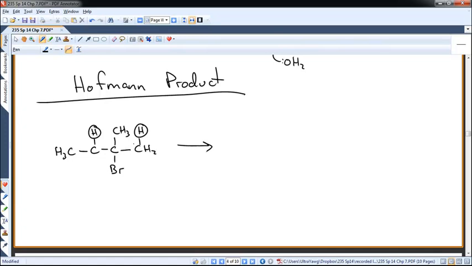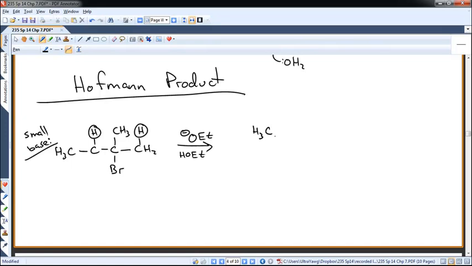So in the presence of a strong and small base, like ethoxide with ethanol as a solvent, a small base will remove the hydrogen that gives you the most substituted alkene.